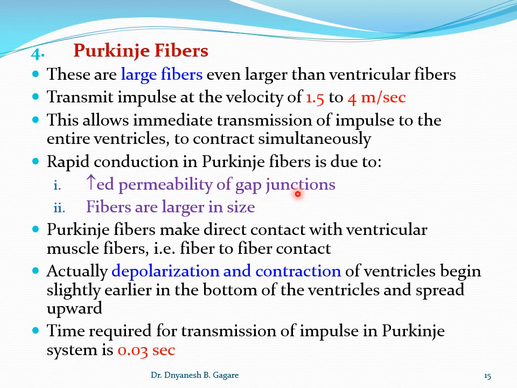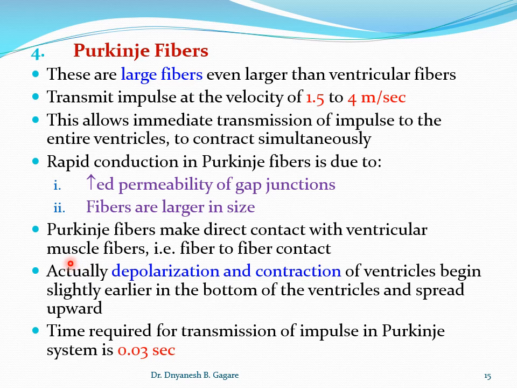If the gap junctions are more, then the permeability for ions is more, and if the permeability for ions is more, the velocity of impulse conduction increases. So compared to any other part, velocity is more in the ventricular Purkinje fibers, because there the gap junctions are more and the fibers are large.